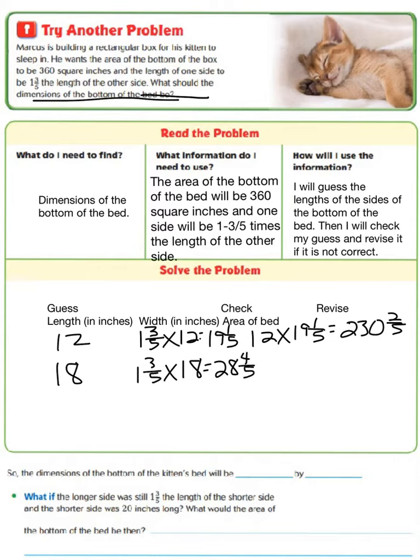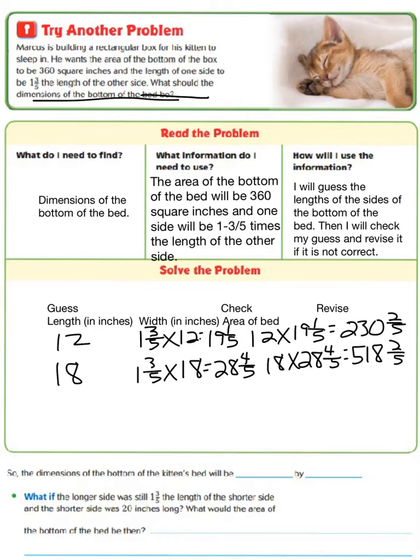So now we'll take our 18 and we'll multiply it by our 28 4/5. And that's going to give us 518 2/5. And we can see that that's going to be too long. So now we need to try something a little shorter.